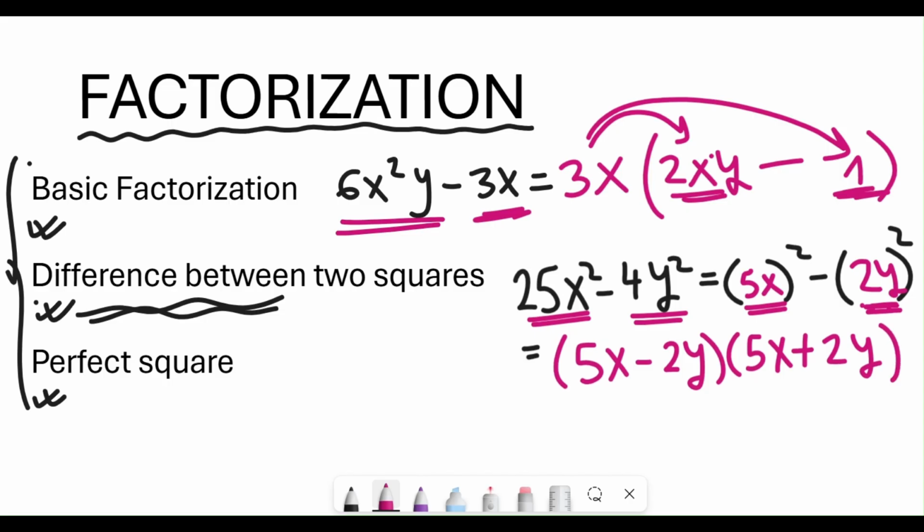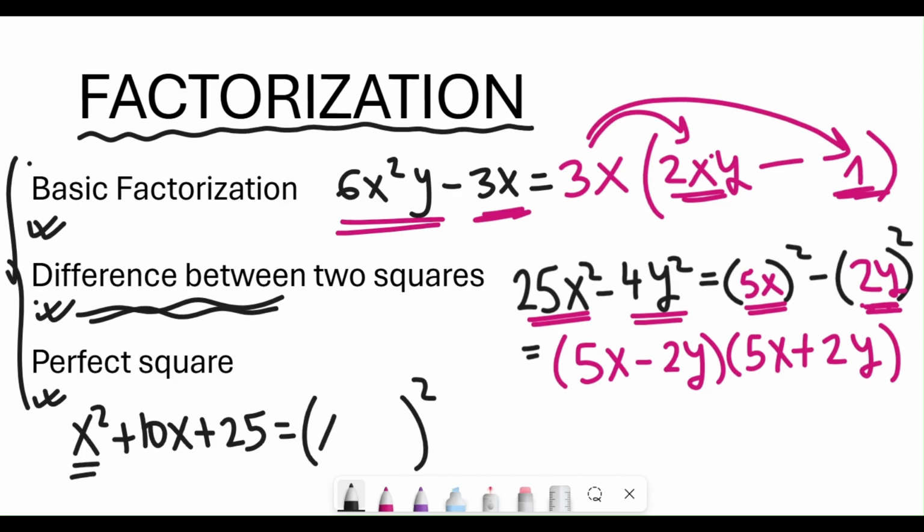All right, and the final example we covered as well. Let's say x squared plus 10x plus 25. Okay, what do we have here? This looks like a perfect square. What number to the power of 2 will give us x squared? It's x, right? And then what number to the power of 2 will give us 25? It's 5.